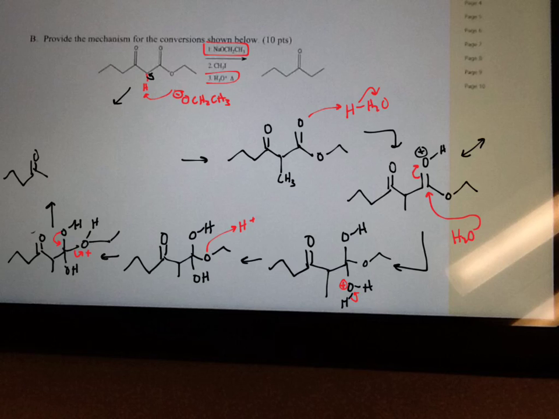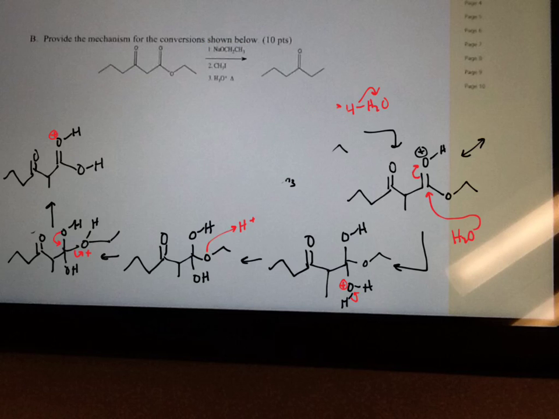Oh, this is not organized. Look at all of this crap. It's not organized. I'm going to be circling. Reconnect.